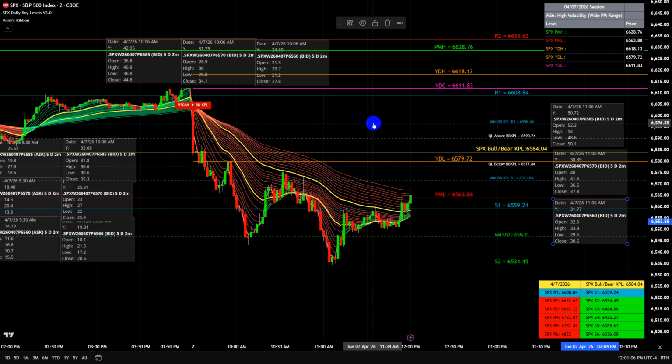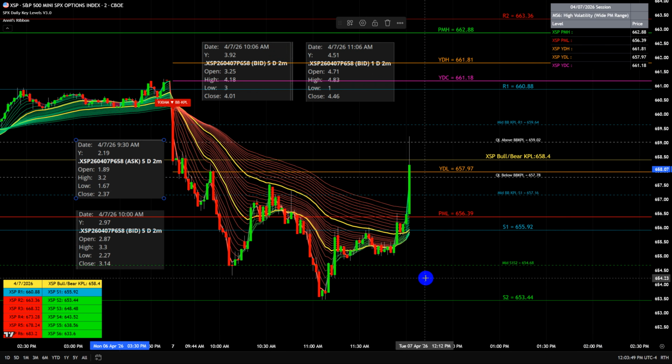Okay, so now we're on the XSP chart. This is the S&P 500 Mini SPX Options Index, and this would be for traders who still want the benefits of trading SPX options.